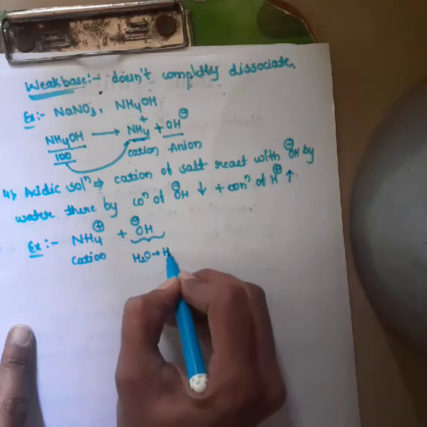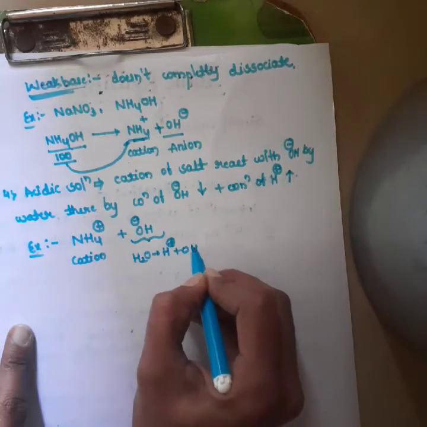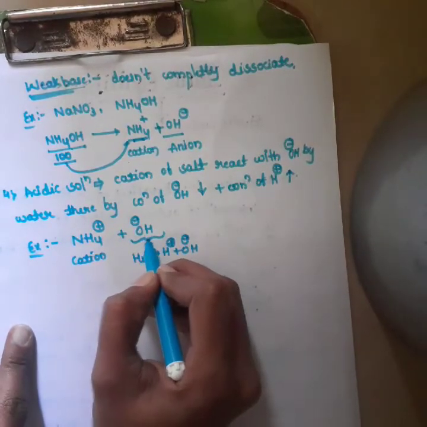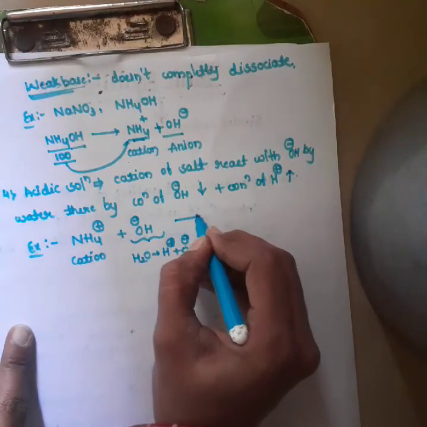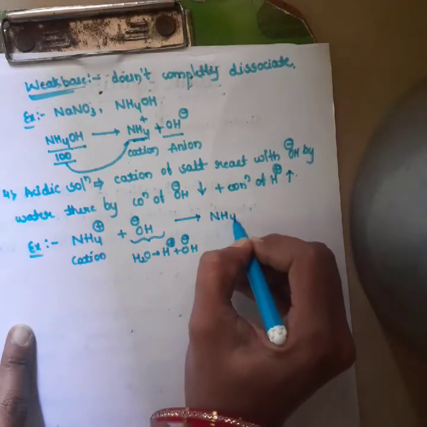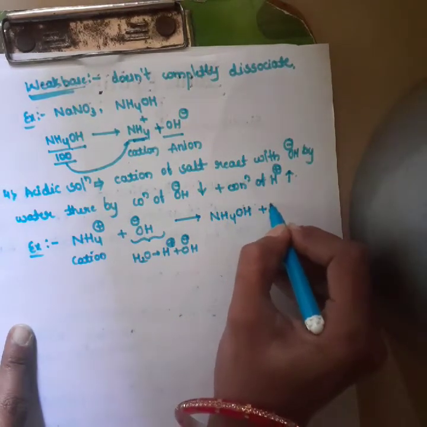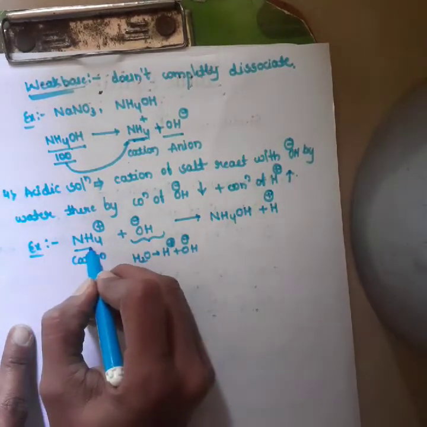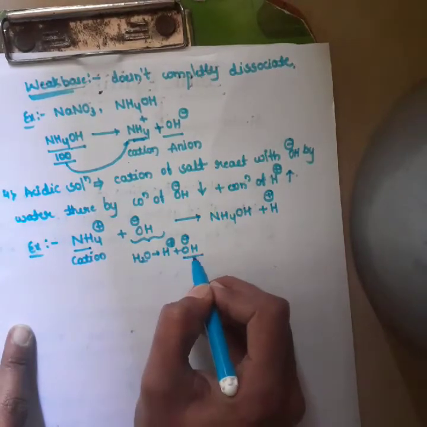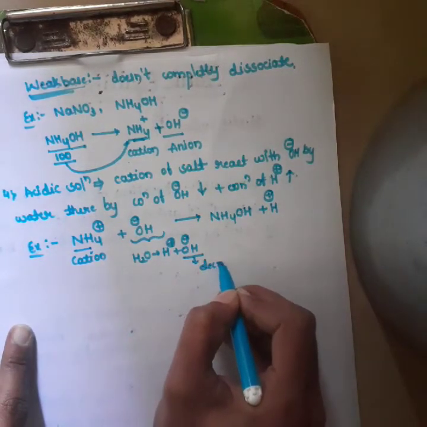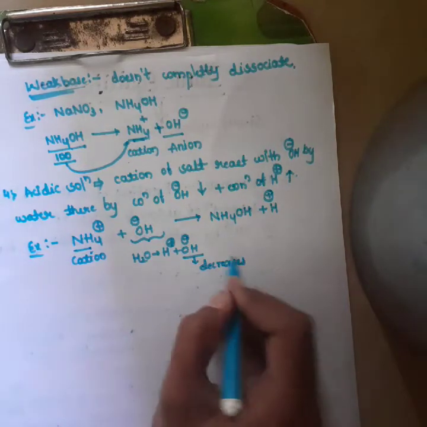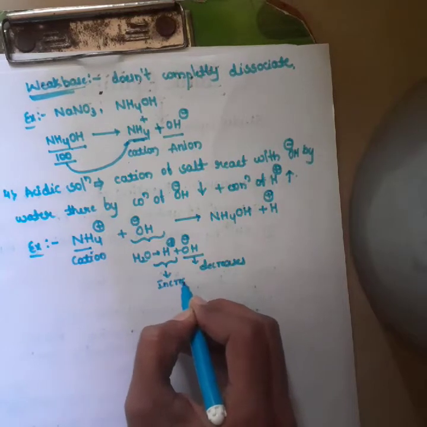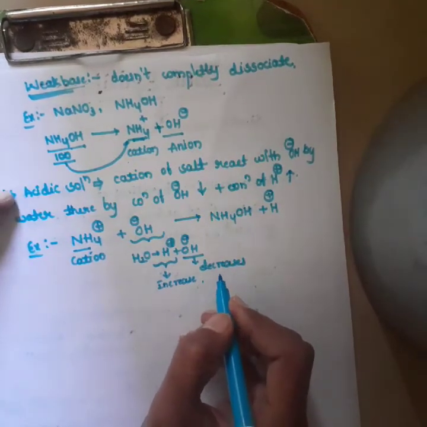Water molecule gives H plus and OH minus. The cation of salt reacts with OH minus of water and gives NH4OH plus H plus. So OH minus reacts with NH4 plus. Therefore, the concentration of OH minus decreases and the concentration of H plus increases. This is called an acidic solution.